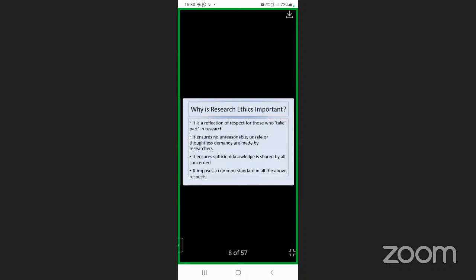Research ethics will ensure that no unreasonable, unsafe or thoughtless demands are made by the researchers.